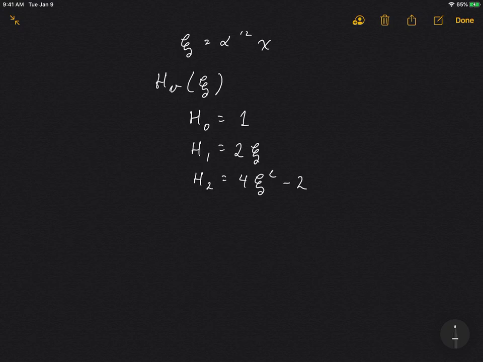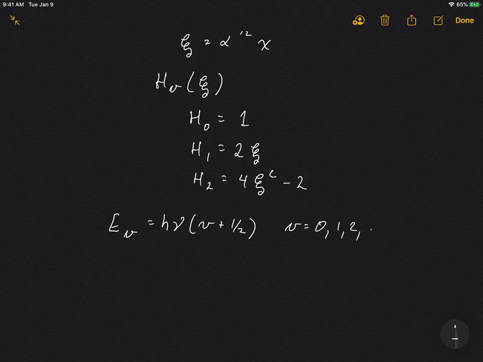And then the important thing is our energy levels, E sub v. So v, I haven't talked about yet. v is our vibrational quantum number, and it's h nu times v plus 1/2, where v is an integer, but it starts at 0. So it's a list of integers starting at 0. And that's just because that's the way that the math works out for this.